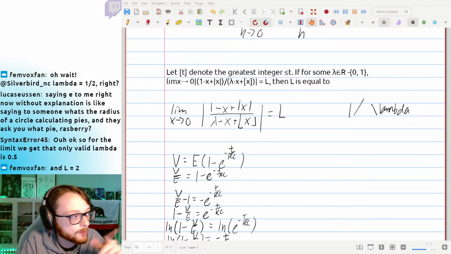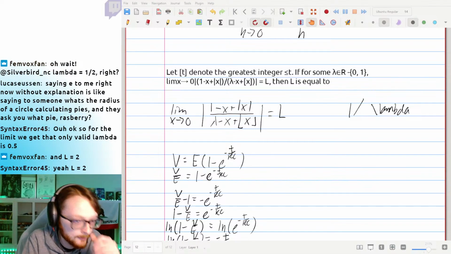Just divide by capital E and then do ln immediately.